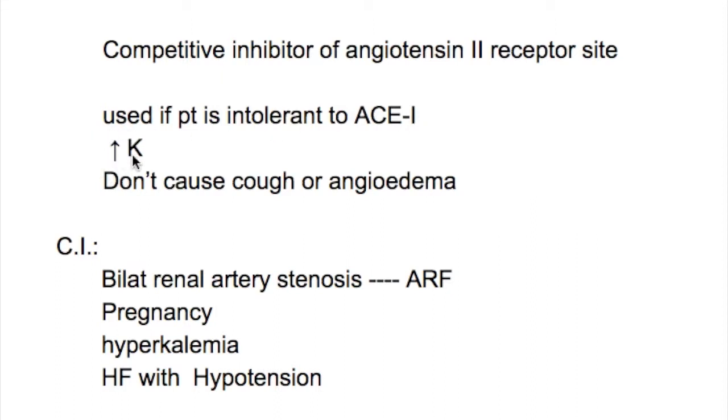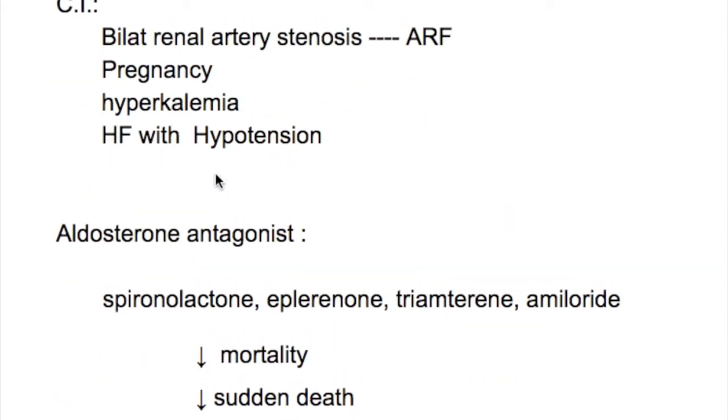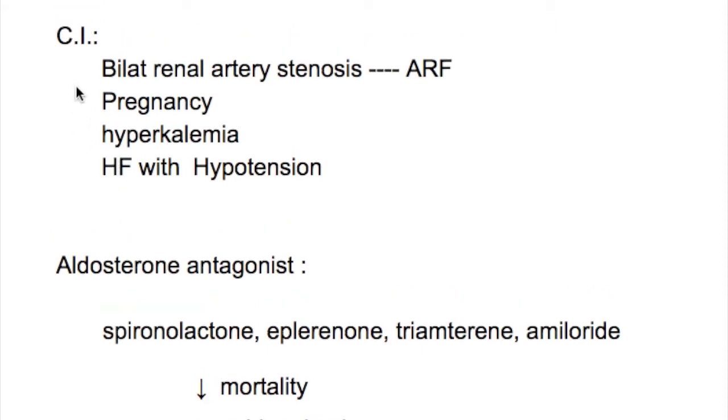They also cause hyperkalemia, but they do not cause cough or angioedema. Contraindications to angiotensin receptor blockers: bilateral renal artery stenosis that causes ARF, pregnancy, hyperkalemia, heart failure with hypotension. So same as that of ACE inhibitors.